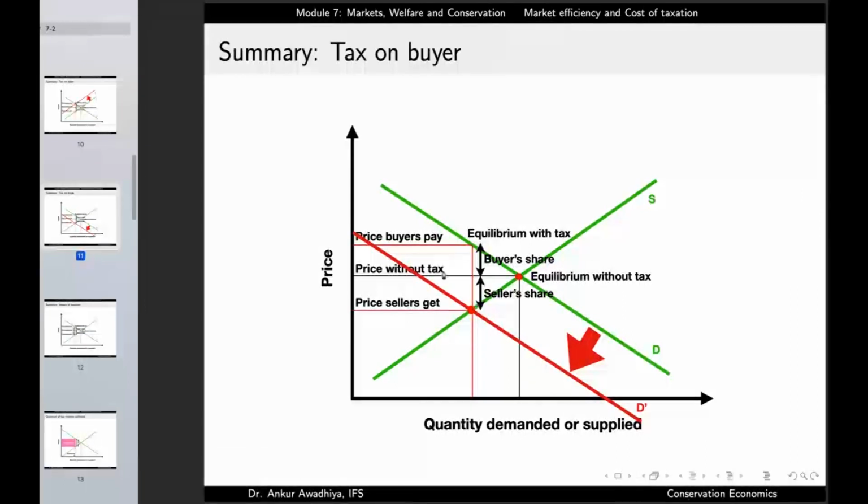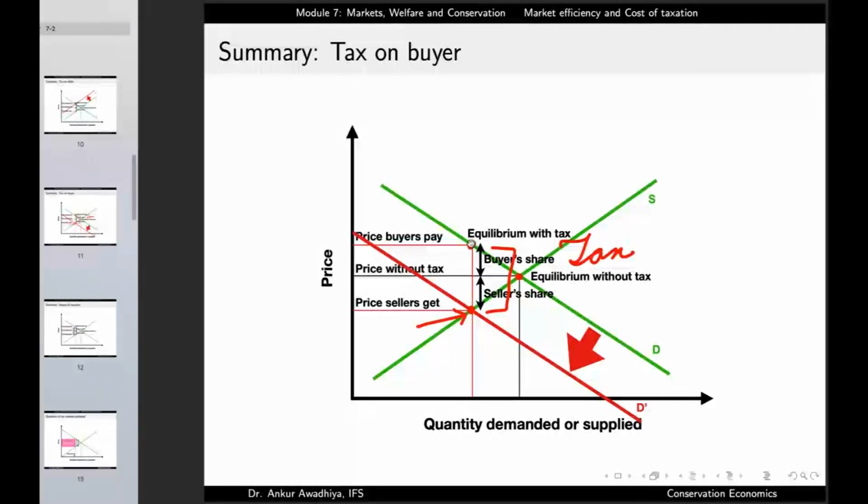In this case, the price that the sellers get is this much only, where the demand and the supply curves are meeting. But the price that the buyers have to pay is this much because they are not only paying the amount to the sellers, which is this one, but they are also paying the tax, which is this much. So they are paying not just the seller, but also the government with the tax.